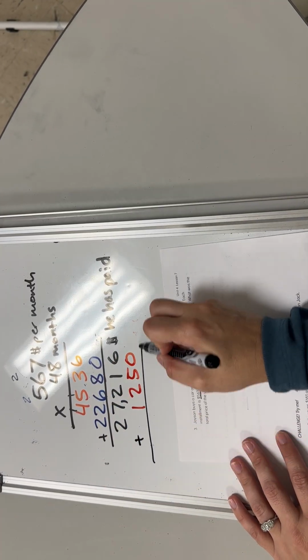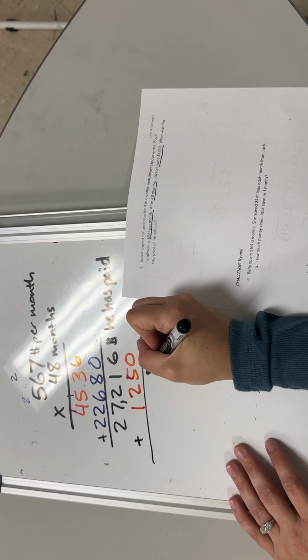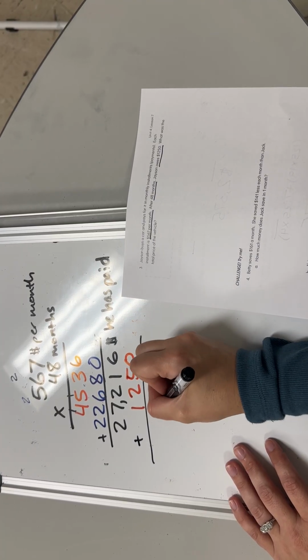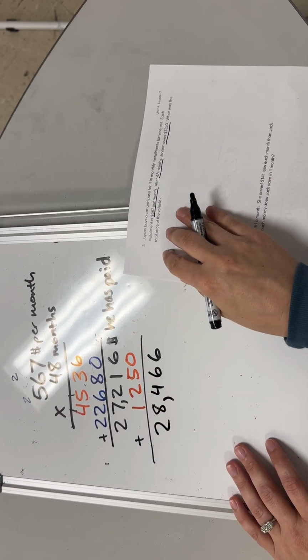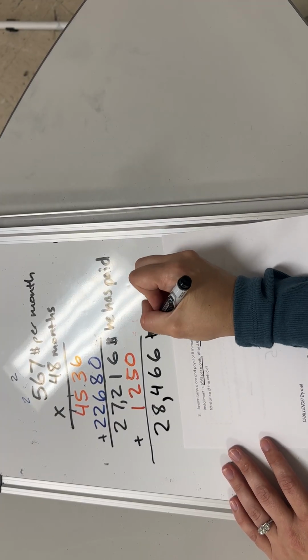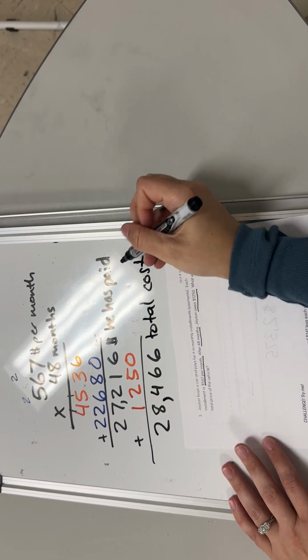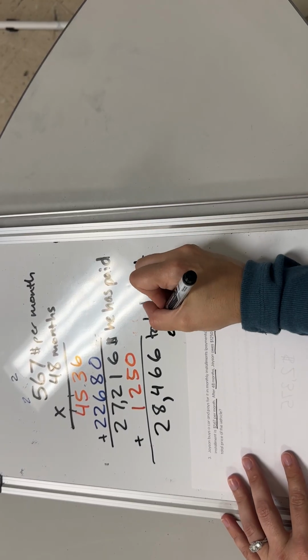So I'm going to go ahead and add that on there to figure out the total cost of the car. I end up getting the number 28,466, and that is the total cost of the car.